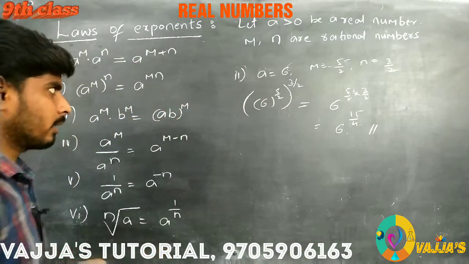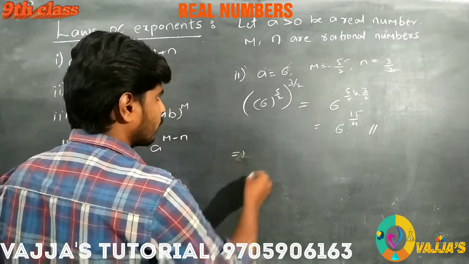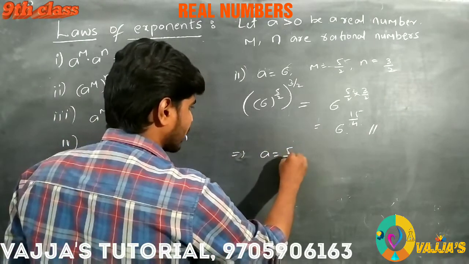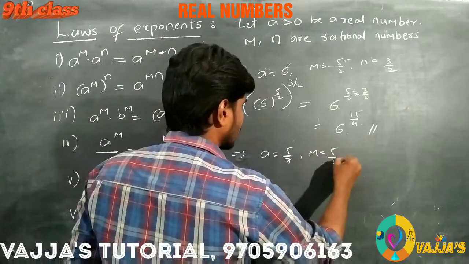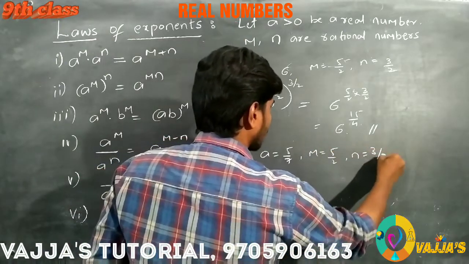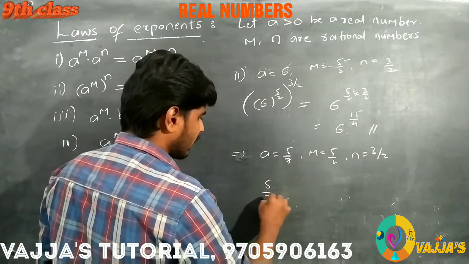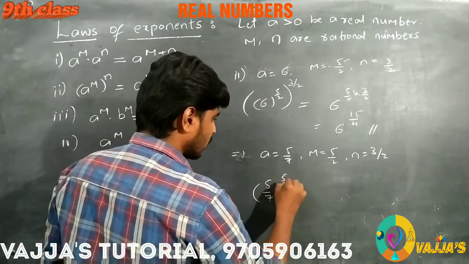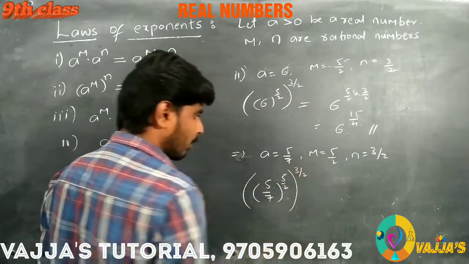Take one more example here. If a equals 5 by 7, m equals the same 5 by 2 and n equals 3 by 2, then we have 5 by 7 whole power 5 by 2 whole power 3 by 2.